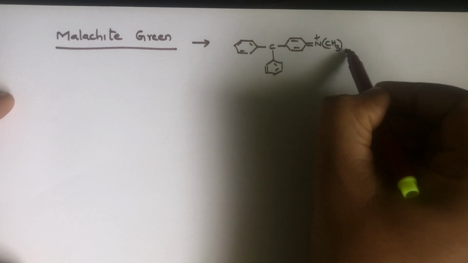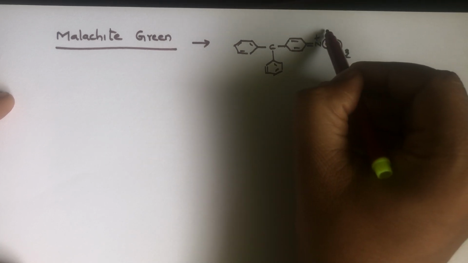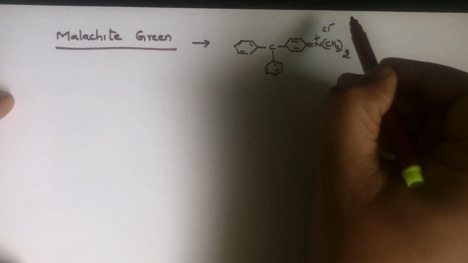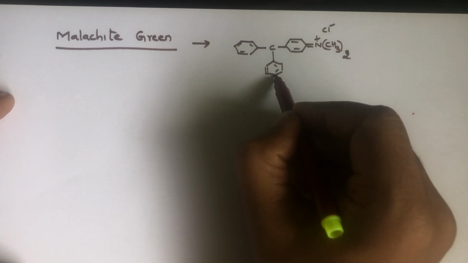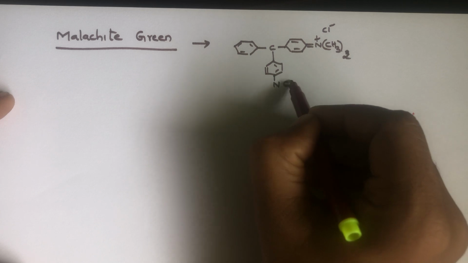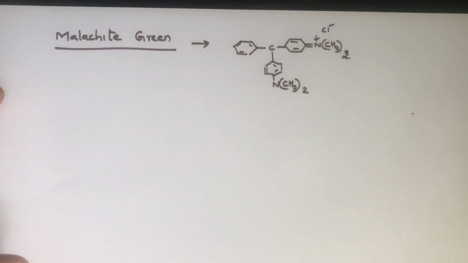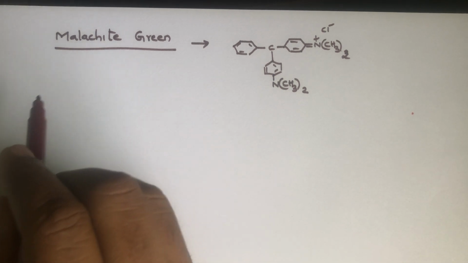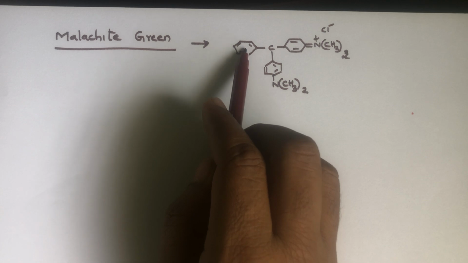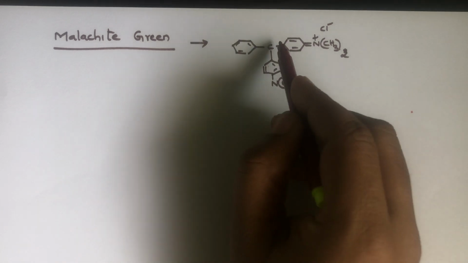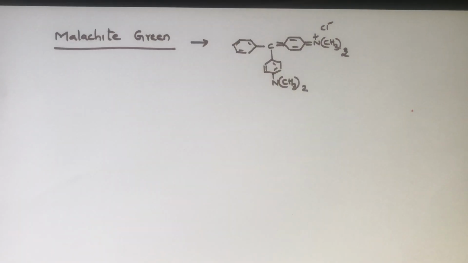CH3 twice. Cl minus will be here in the vicinity only. So this is the structure of malachite green, a triphenyl methane dye. This will be a double bond. Sorry, carbon valency is 4.